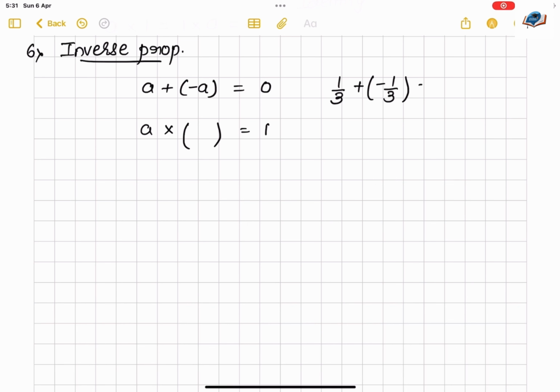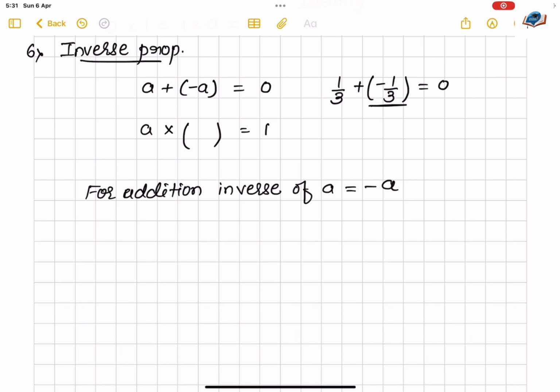So minus 1 by 3 is the inverse of 1 by 3 for addition. So I can say that for addition, the inverse of A is minus A. If it is minus A, the inverse will be plus A.